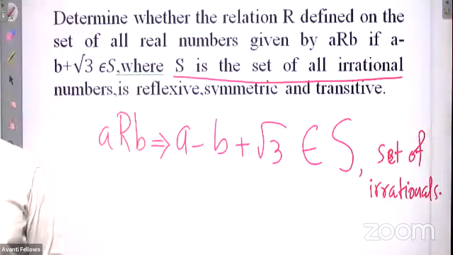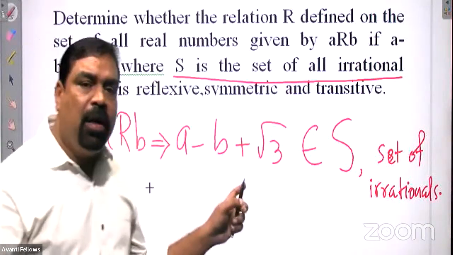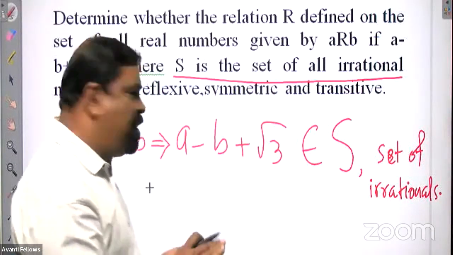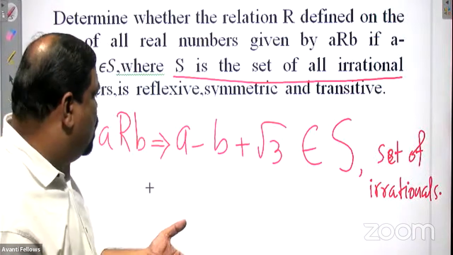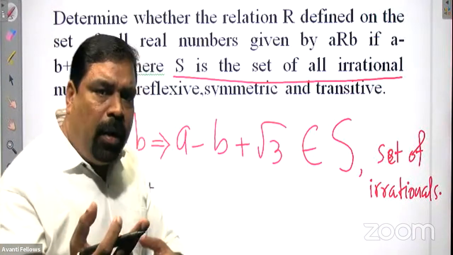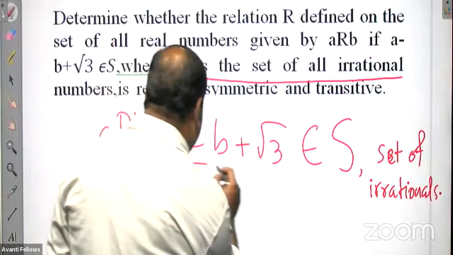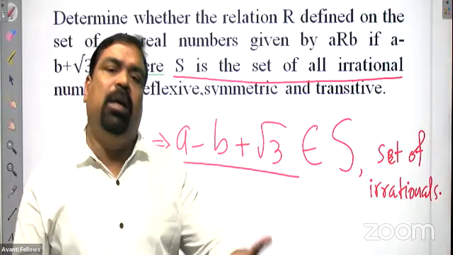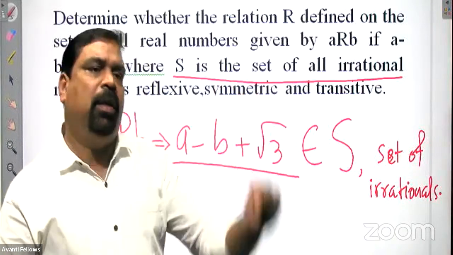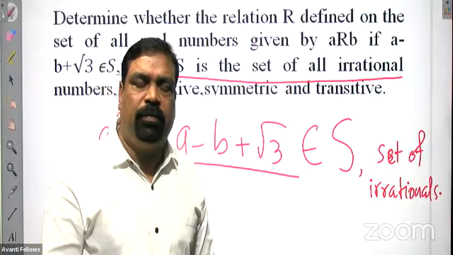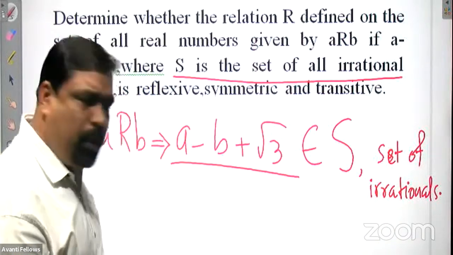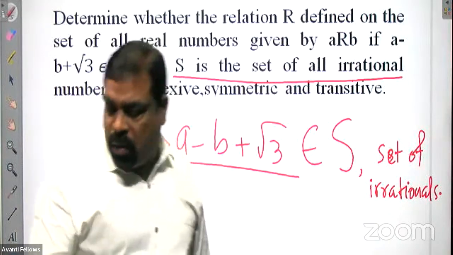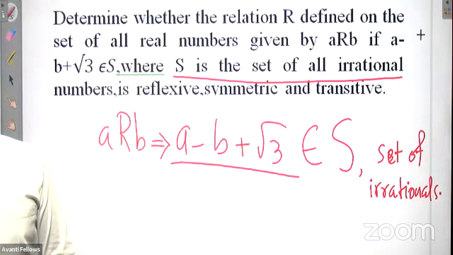The question is clear, na? My question is whether this relation is reflexive or not. The definition is clear, na? A and B are related if A minus B plus root 3 is an irrational number. So please give me a suggestion.